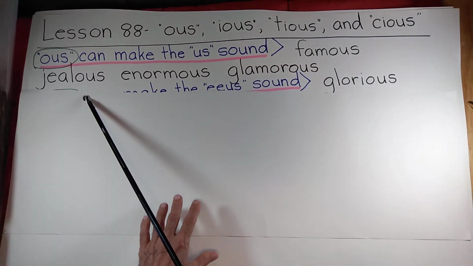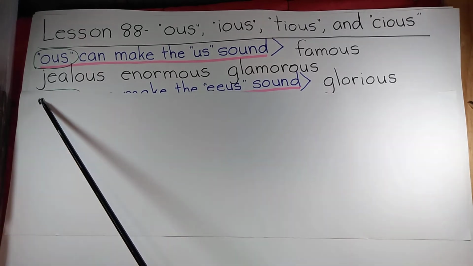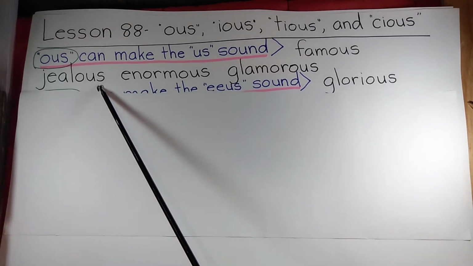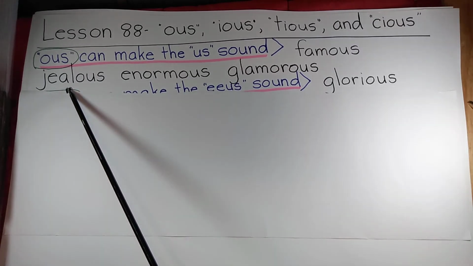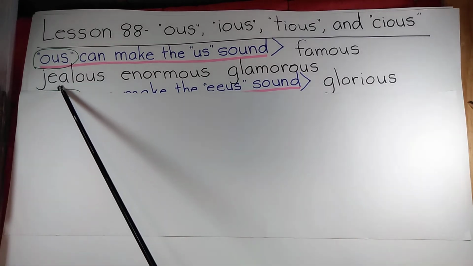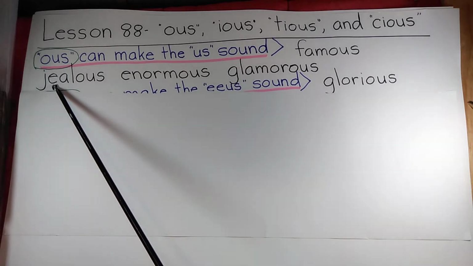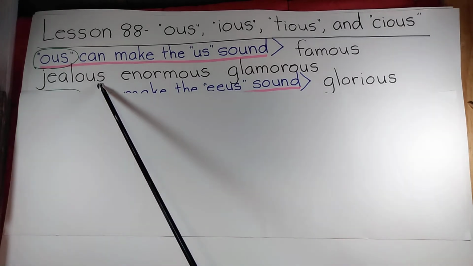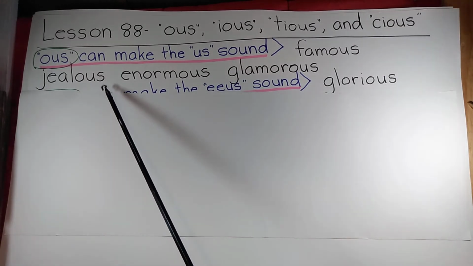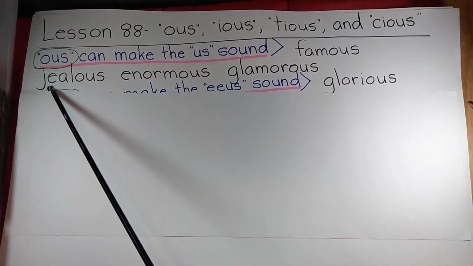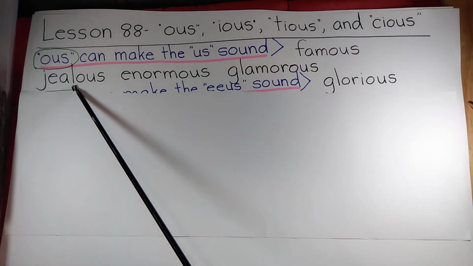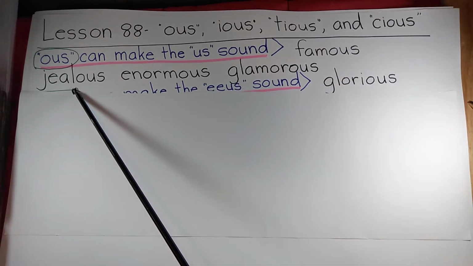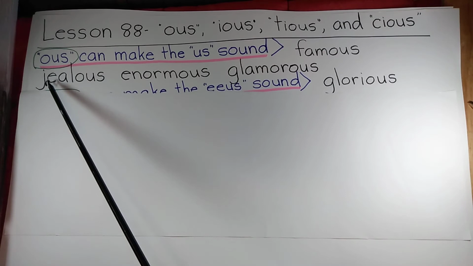Famous. Jealous. And I haven't said this before, but EA is usually long E, but it sometimes could be short E. And it's short E. Jealous. So it's just one of those things where a student who comes across this for the first time may guess long E. Good guess, but not correct.